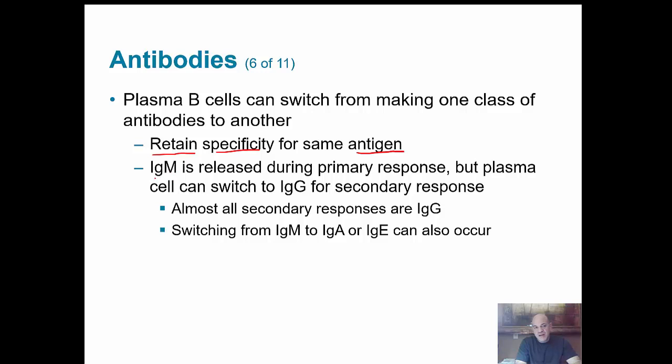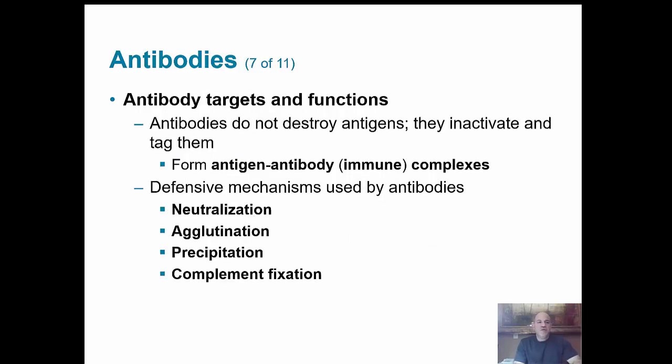In the case of immunoglobulin M, it's released during the primary response, but the plasma cell can switch to immunoglobulin G for the secondary response, and although it's a different class of immunoglobulin, it will still be specific for the specific antigen. So almost all secondary responses are immunoglobulin G, and switching from M to A to E can also occur as well.